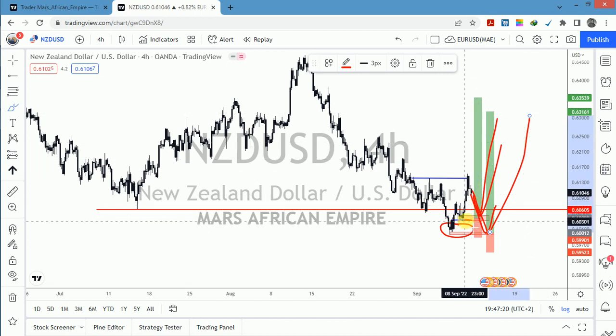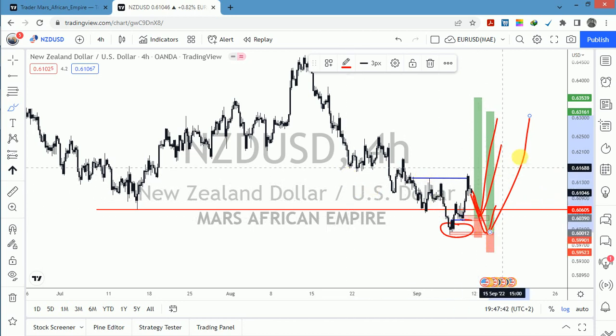So our entry is going to be on 0.604, and then our stop loss would be just below that zone, and we are going to also have a buy limit on that zone. That is to cater for price that will be going down there.